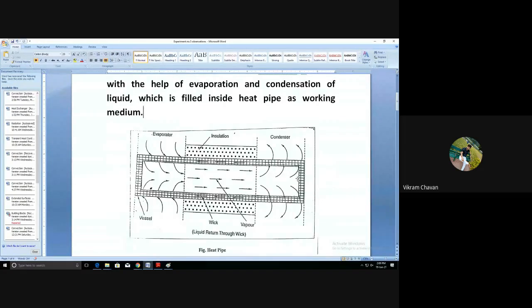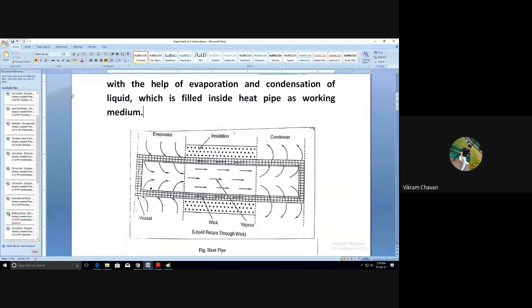The important part in this heat pipe is the wick structure, which is placed over the inner surface of the pipe. This wick structure makes the transportation of fluid from the condenser section to the evaporative section by capillary action.